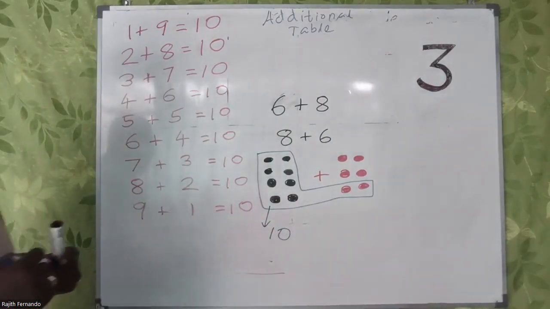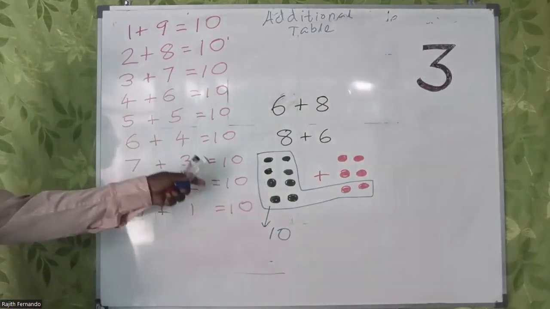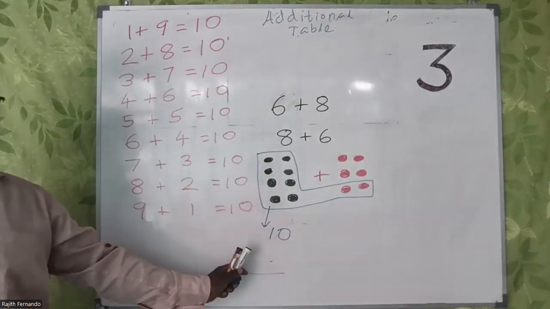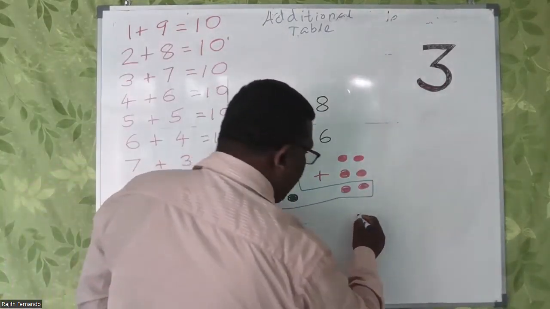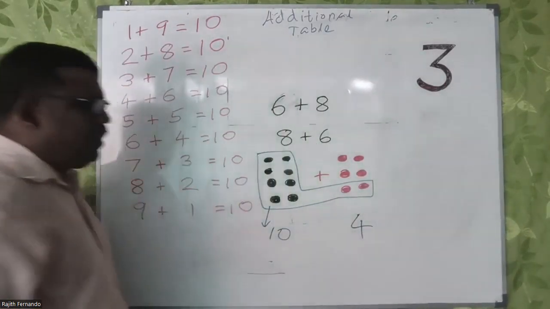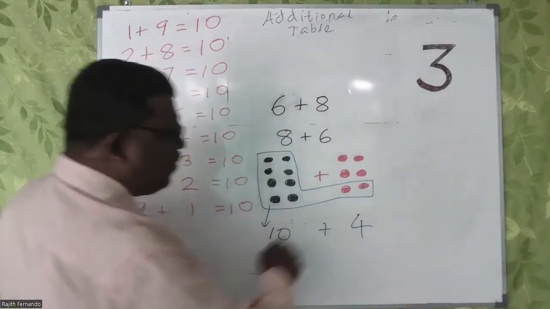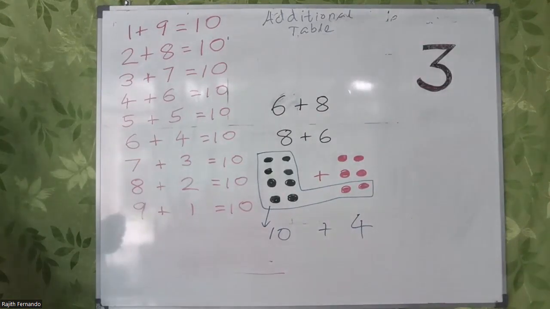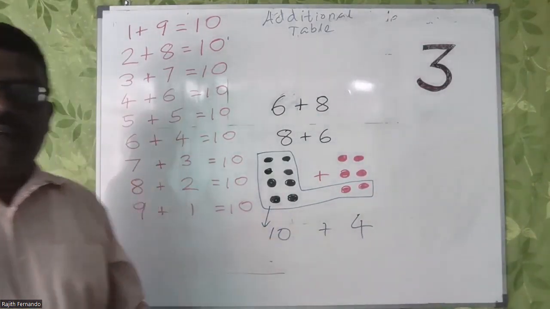Yes. After you add these 2 to the 8, that portion became 10 and there was another 4 remaining. Then you have to add 10 to 4. Now, can you easily add 10 to 4?